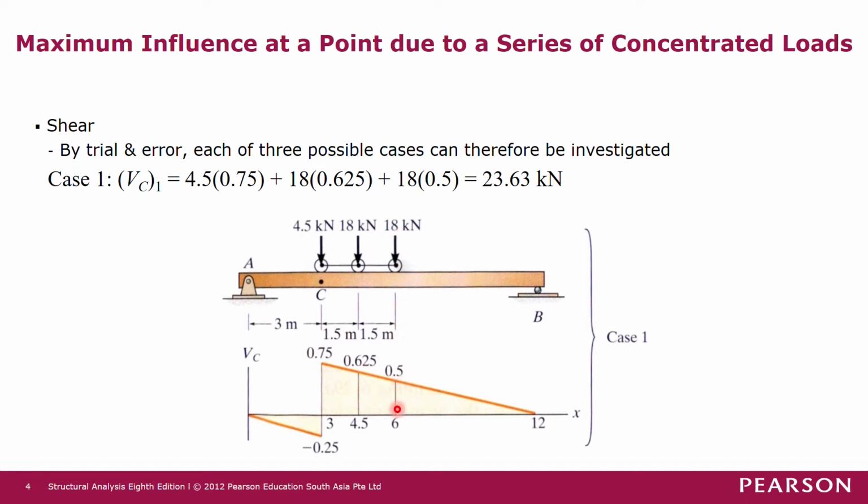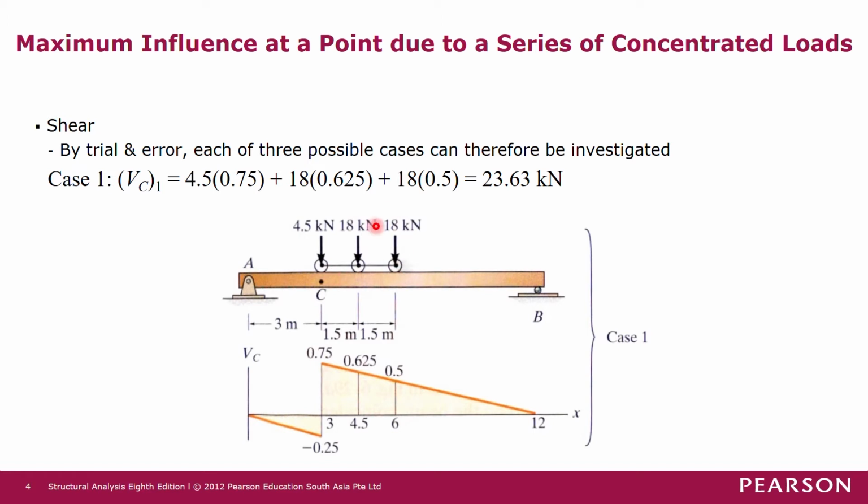We determine the ordinates of each of these on the shear influence line, multiply each load by its respective ordinate, and we get the total shear at point C due to this arrangement of load.